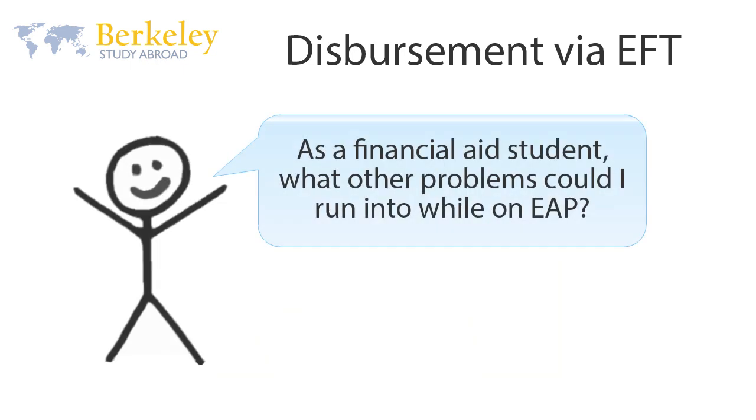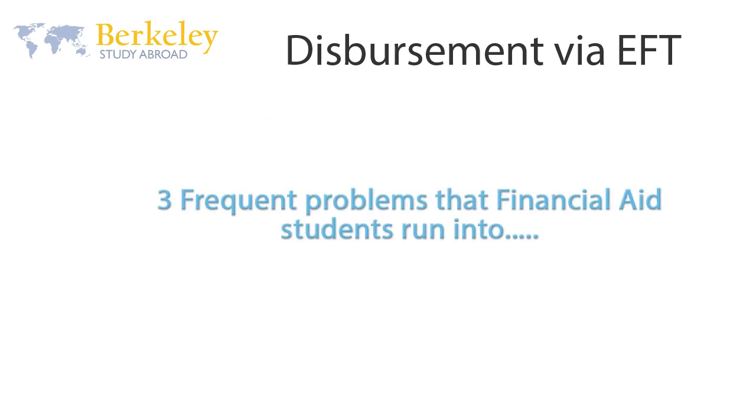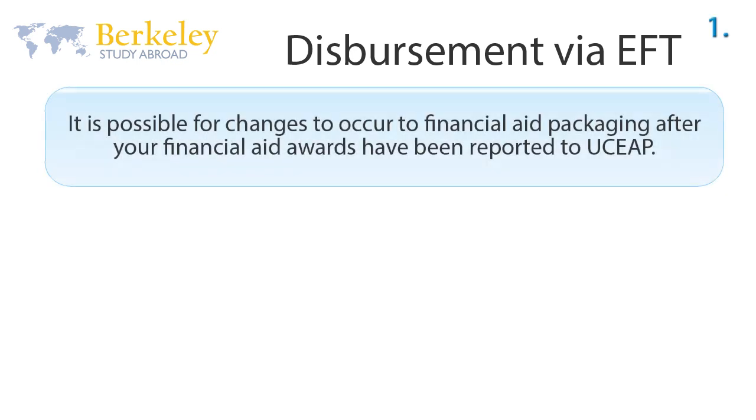As a financial aid student, what other problems could I run into while on EAP? I can think of 3 frequent problems that financial aid students run into. First, it's possible for changes to occur to financial aid packaging after your financial aid awards have been reported to UCEAP.